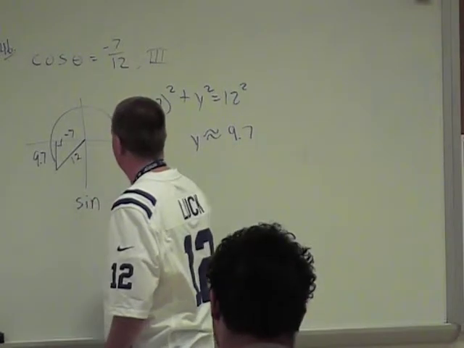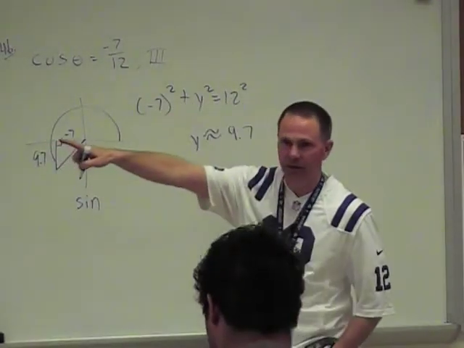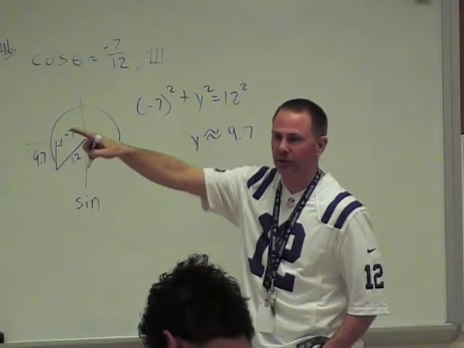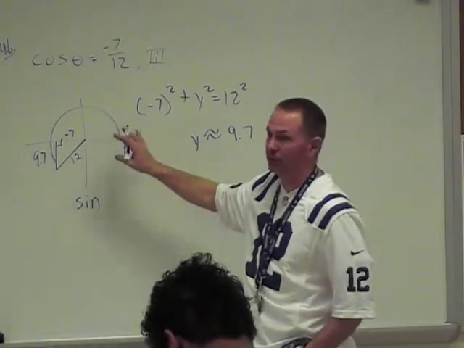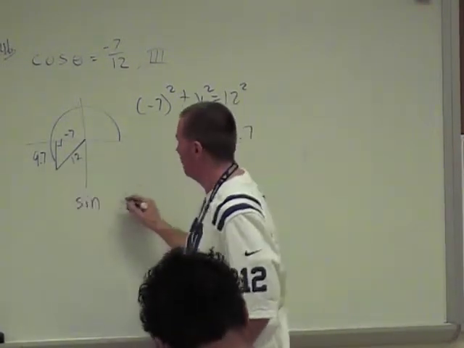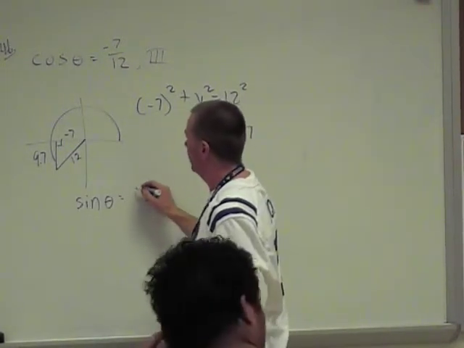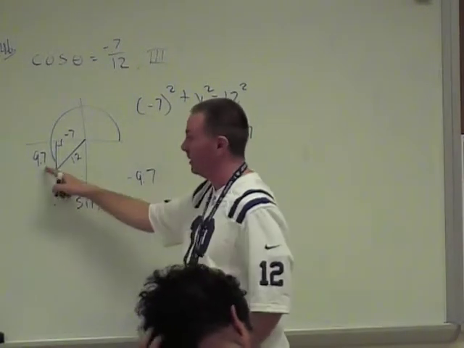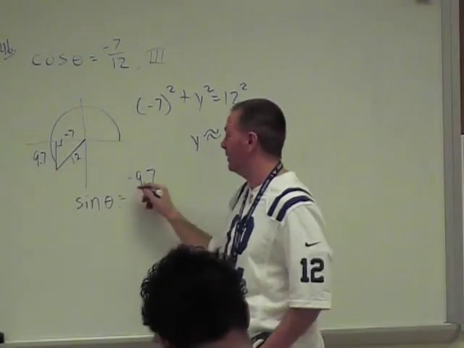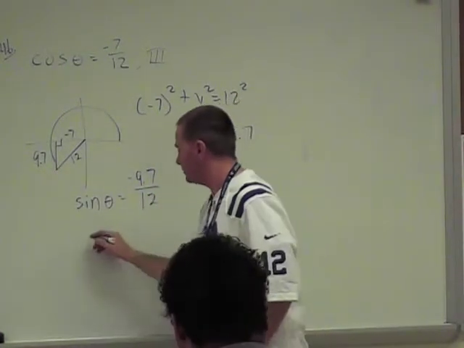The sine is what? Y over, it's not a unit circle, so it's not just y. Y over the radius, y over the hypotenuse. So the sine of theta is 9.7 negative, right? That's important. You don't want to miss it because you dropped a sign. Negative 9.7 over 12. Excellent.